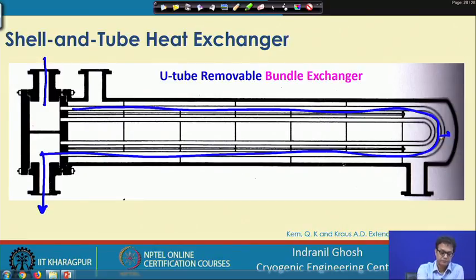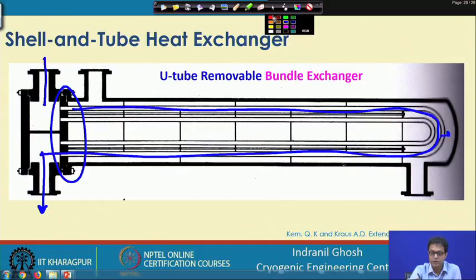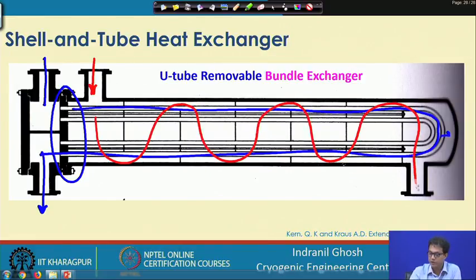Then only one tube sheet is good enough to accommodate all the tubes, and if you look at the other fluid stream, you will find that it is coming over there, and finally it is moving out like this.